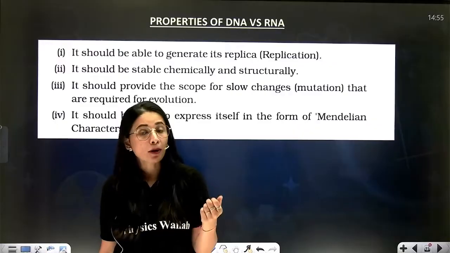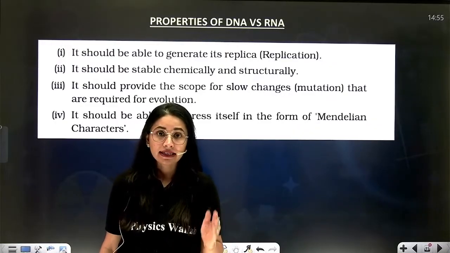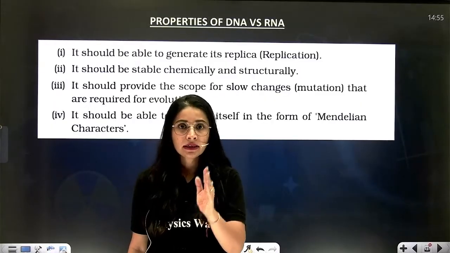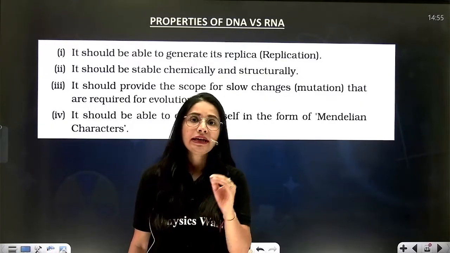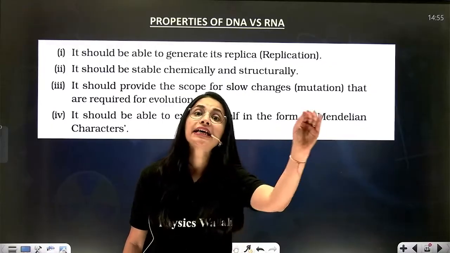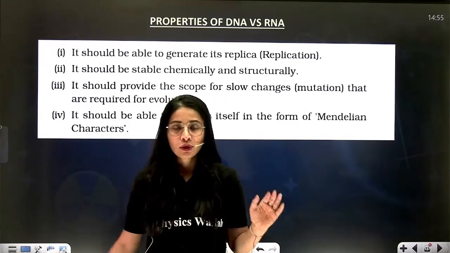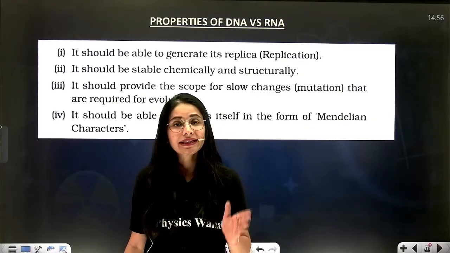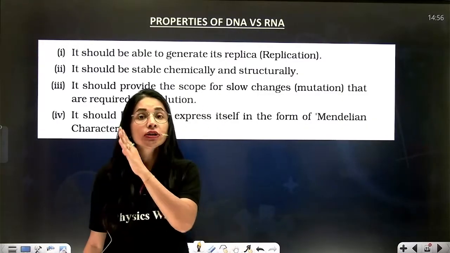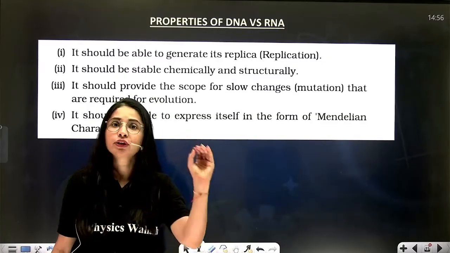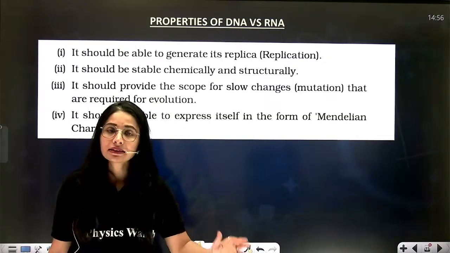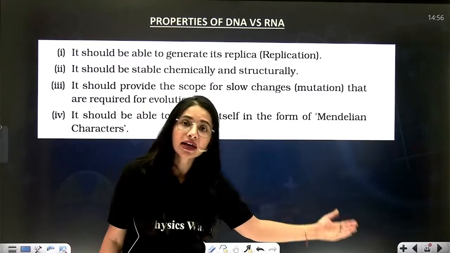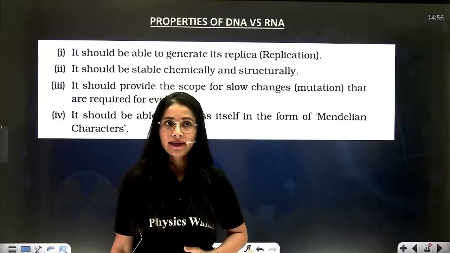There are certain properties which a genetic material should follow. If any genetic material does not follow those properties, it cannot be considered a genetic material. Here is the list of properties which a genetic material, that is DNA or RNA, should exhibit. If they don't exhibit them, they will not be considered genetic material. Let's check why DNA won the race over RNA.